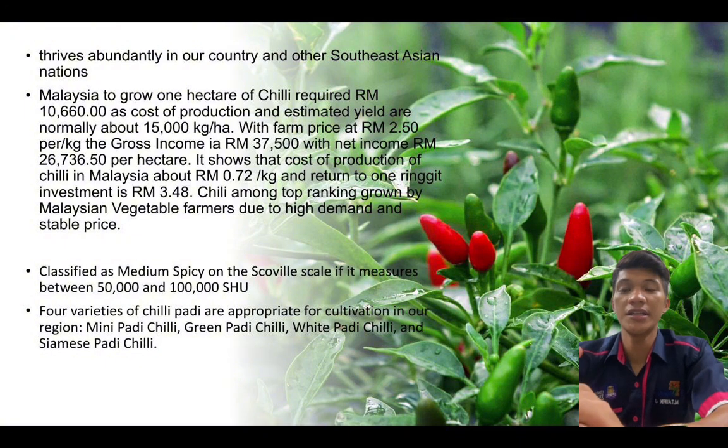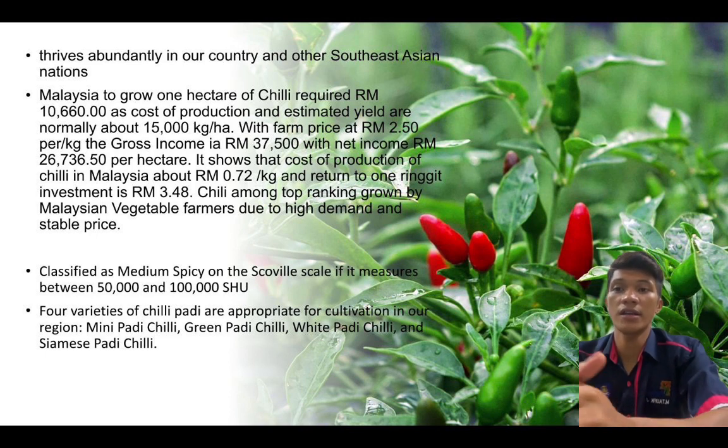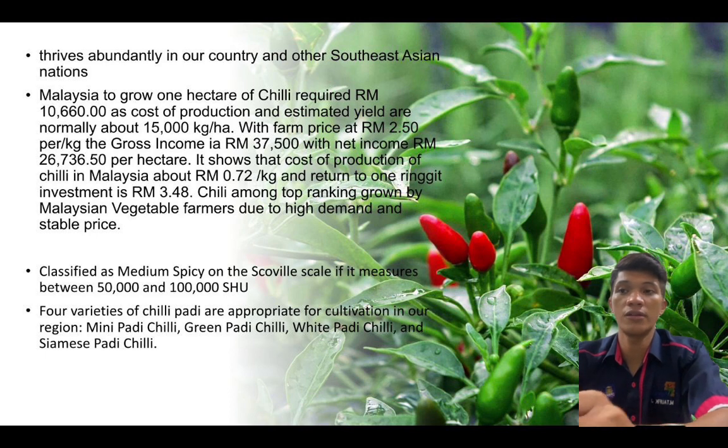Alright, for additional information, in Malaysia, to grow 1 hectare of chili requires RM 10,660 as the cost of production, with an estimated yield normally about 15,000 kg. With a farm price of RM 2.50 per kg, the gross income is RM 37,500 with a net income of RM 26,736 per hectare.